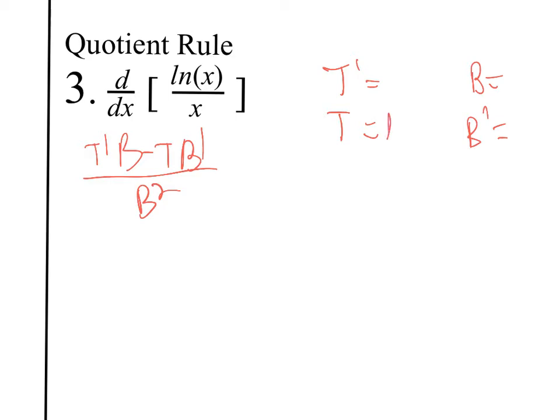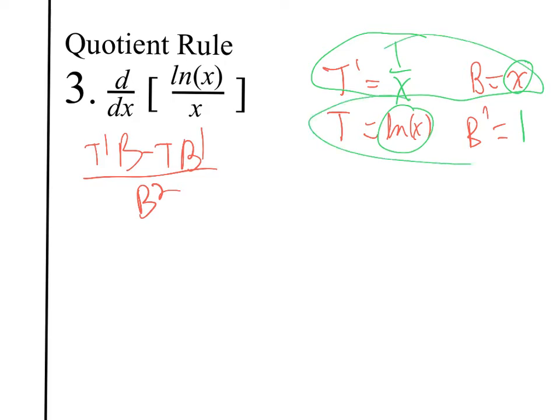So we know the top is ln x. We know the bottom is x. Okay, so you start that way. So the top prime is then 1 over x, and the bottom prime is 1. Okay, so I'm looking at x, I'm differentiating that. The derivative of ln x is 1 over x. And now instead of doing a crisscross like I was showing you, you just multiply those and separate them by a minus sign.